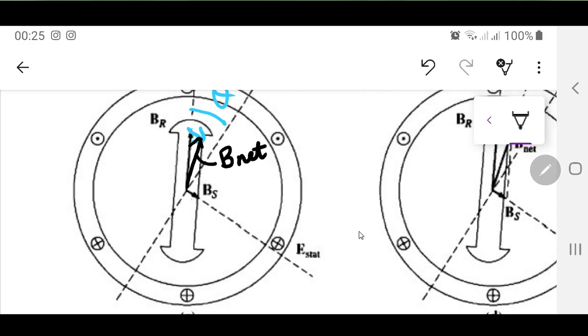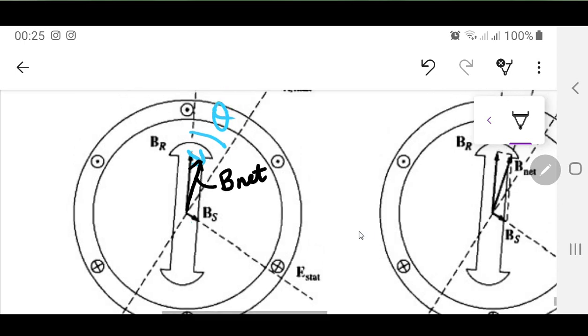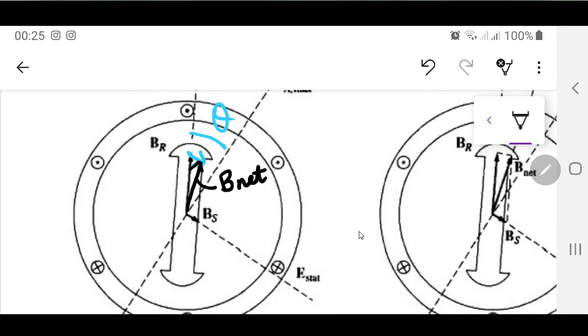So there will be a slight change over there. BS will not be that much. Why? Because there is an air gap, and you all know that air gap is not a good conductor of the magnetic field. So BR plus this one is the BS over there. So you are having vector addition of BR plus BS, you have B net.